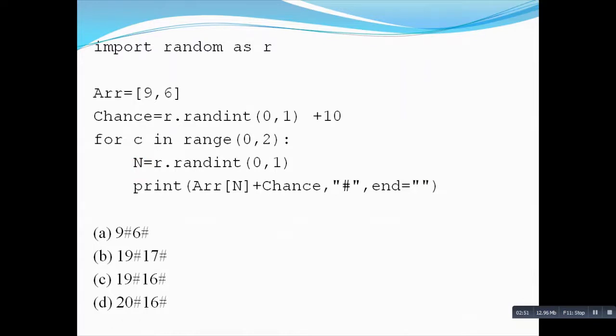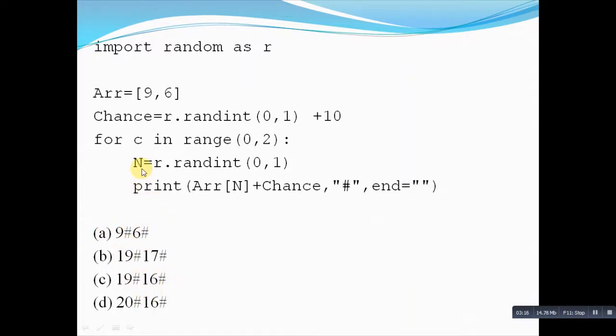And then finally we are printing array of N plus chance and then hash and then end. So this loop will be executed twice, and 2 outputs will be there. So you can see that in the output part, two outputs are given in each of the options.